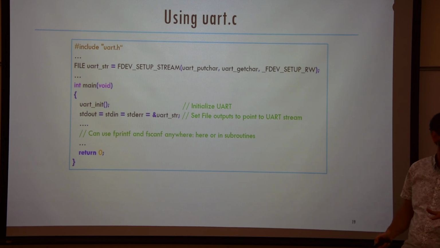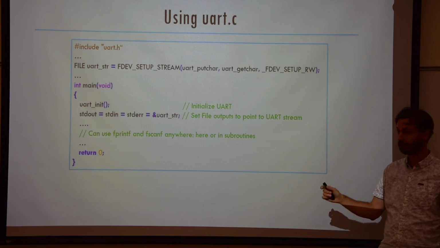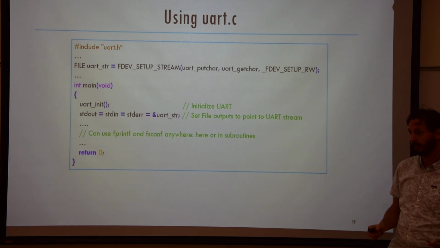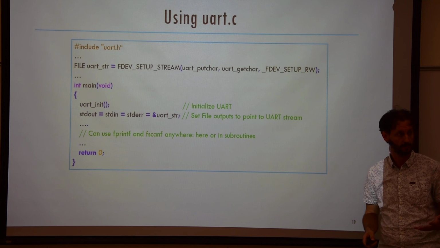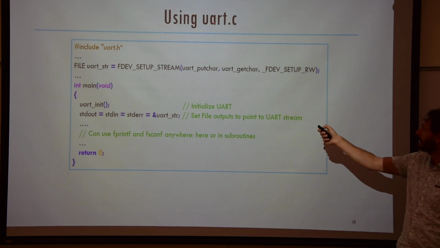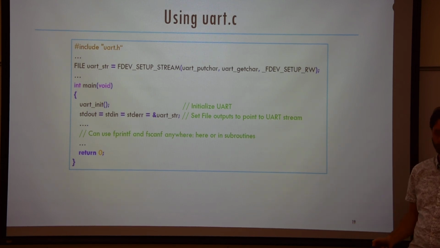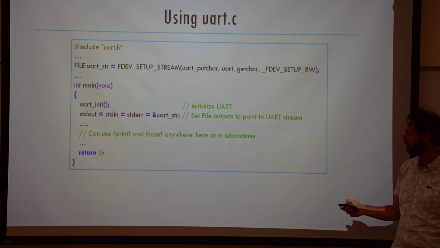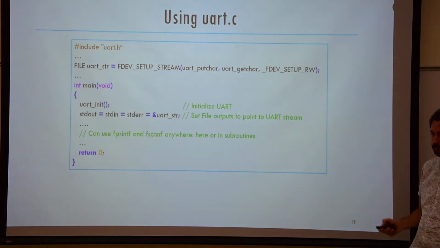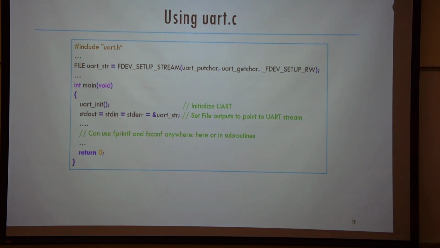Because we have these while loops in there that wait till a character is received or a character is ready to be transmitted. We like to avoid those while loops because that's a waste of resources, a waste of time. We want to make that non-blocking. So then we're going to implement this UART.c using interrupt service routines. So that's for a later stage. But for now you're going to experiment with this. And that's it.